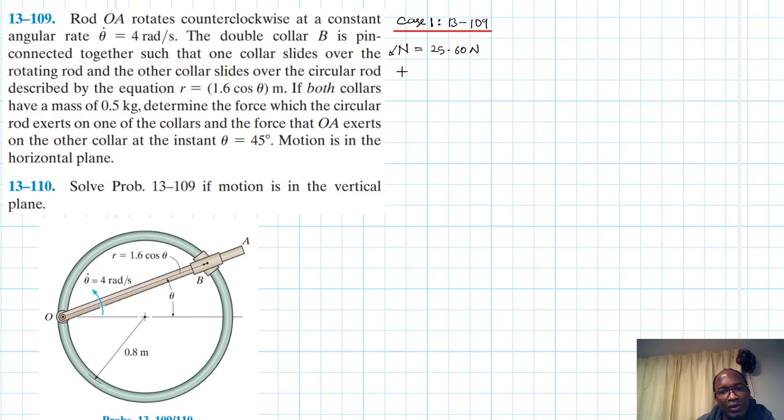And we found that F was equal to 0 newtons. So these were the solutions for the first case.